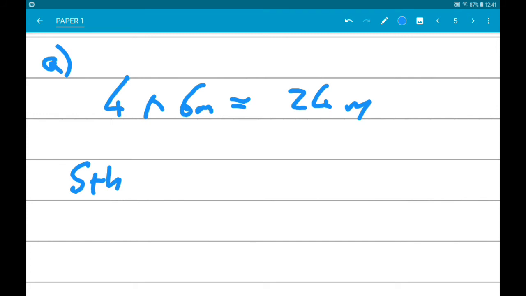So I'm now going to convert to seconds. So it's 360 times 1.05. Now that is going to give us 378 seconds.